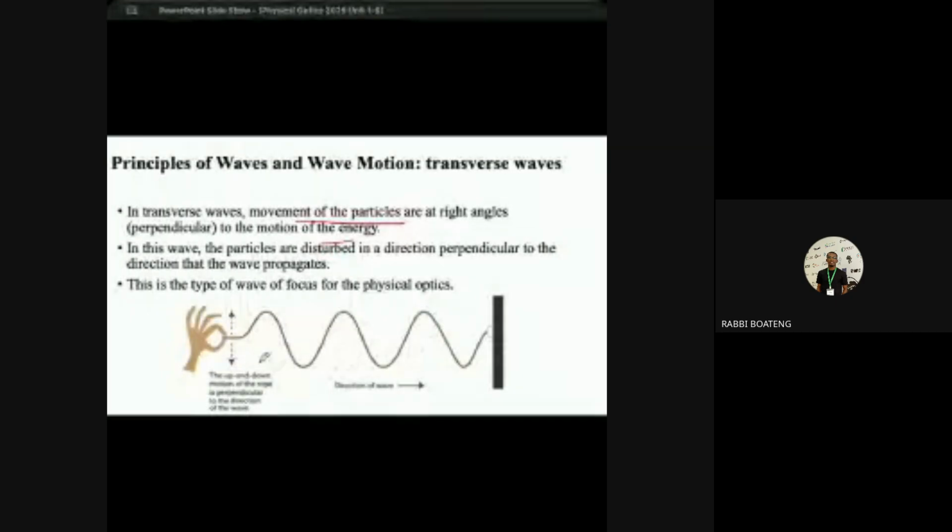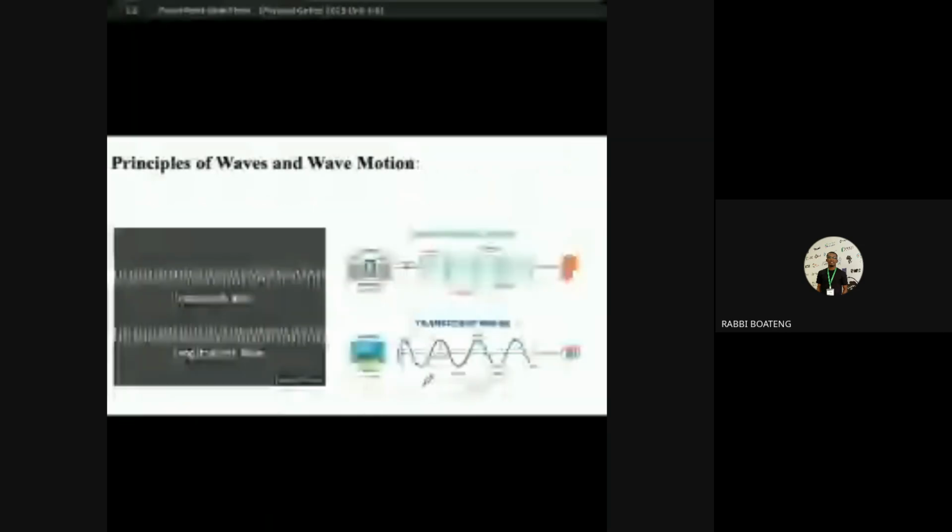In a situation like this, we have it perpendicular to the motion of the wave. And of course, if the motion is in this direction, it means the energy is going this way. So the particle is moving perpendicular to the wave, and that is why we are calling it a transverse wave. Are we getting it a little? Perfect.